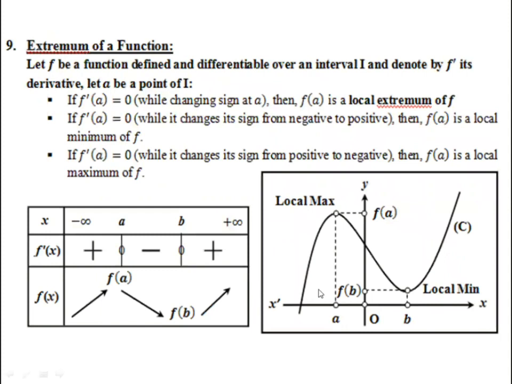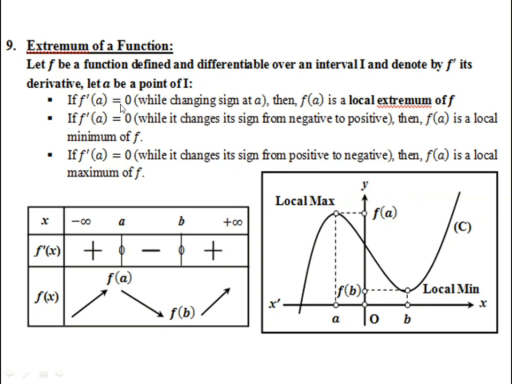Extremum of a function. For some curves, we may have a maximum point and a minimum point. We have to find them. Let f be a function defined and differentiable over an interval I, and denote by f prime its derivative. Let a be a point of I. If the derivative at the point A is 0, we will have an extremum, either a maximum or a minimum.